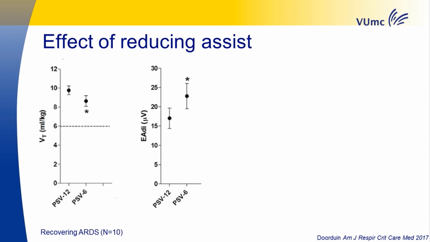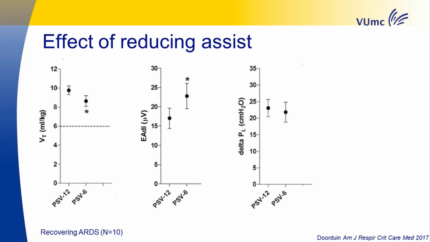But don't forget the diaphragm. Because right here, to start out, this is the electrical activity of the diaphragm, which tells you something about the respiratory drive. You can see, as expected, if you reduce your level of pressure support, the diaphragm is going to work harder. Electrical activity goes up.